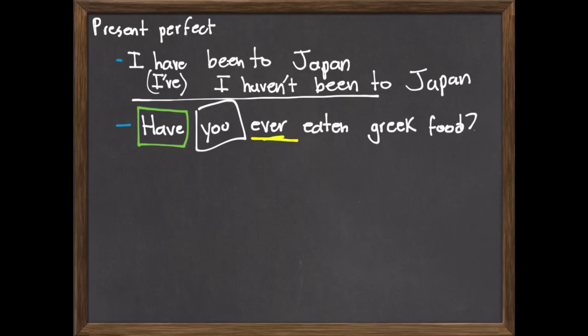As we mentioned earlier, we can use ever and never to talk about experiences that have happened up to the present. So, have you ever eaten Greek food? It's an experience that we're asking whether it has happened up to today. Up to today, has the person eaten Greek food? As you can see, we use the past participle form of the verb to eat to ask this question, for the present perfect.